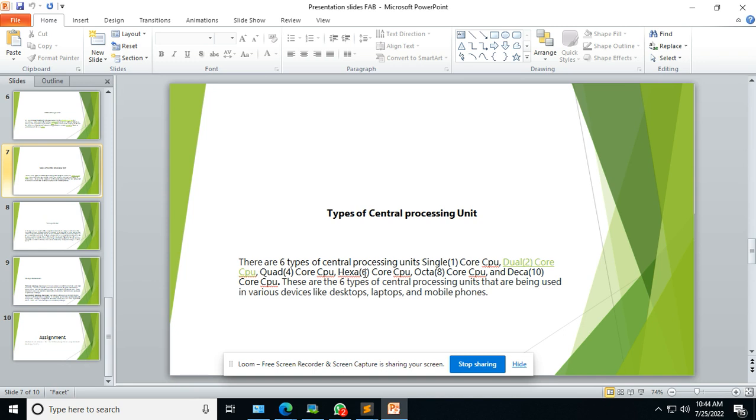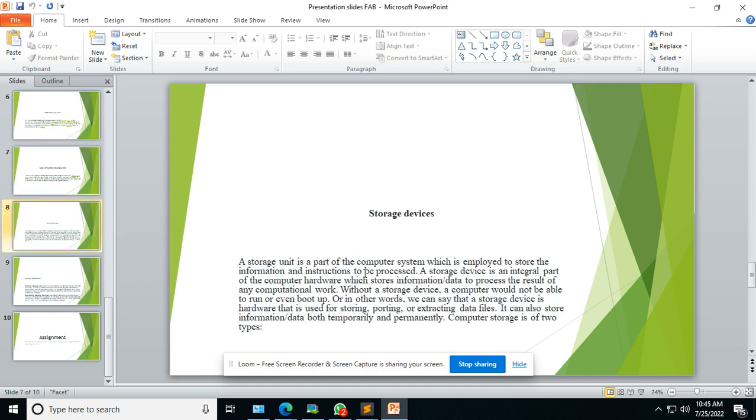When you go to the market to buy a smartphone, you are told this smartphone has two processors, three processors. They are talking about the processors, which is the central processing of that machine or device.